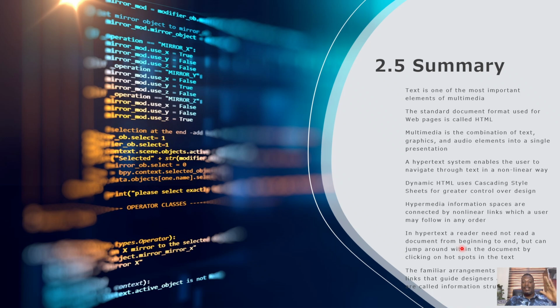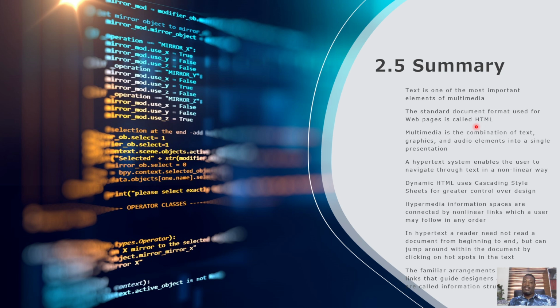So in summary, these are some of the things that we learned in Unit 2. We hit on text. A text is one of the most important elements of multimedia. And again, the standard document format used for web pages is called HTML. That was the first lecture.